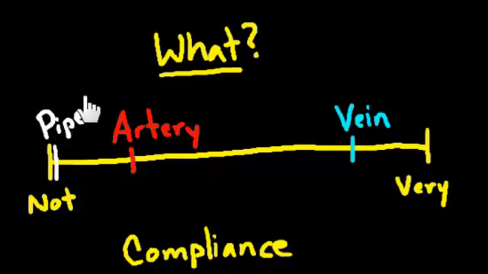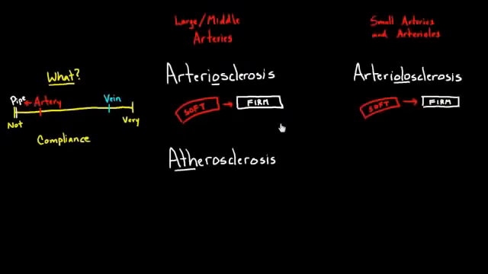And so when we talk about arteriosclerosis or arteriolosclerosis as something that's soft going to something that's firm, we're really talking about the artery moving from where it is on the compliance spectrum over here towards not too compliant at all. So really we're talking about losing compliance. Let me write that. Losing compliance. It's actually really important. And that's really what we're talking about. So losing compliance. All right.